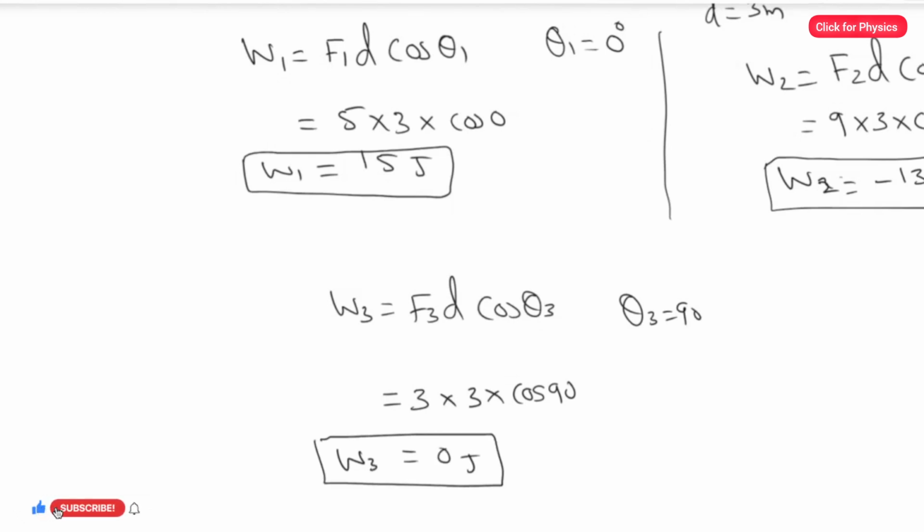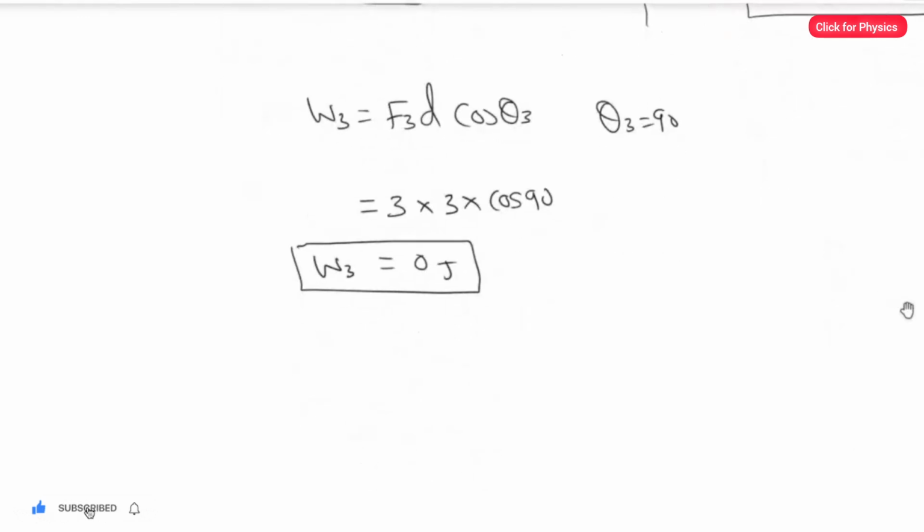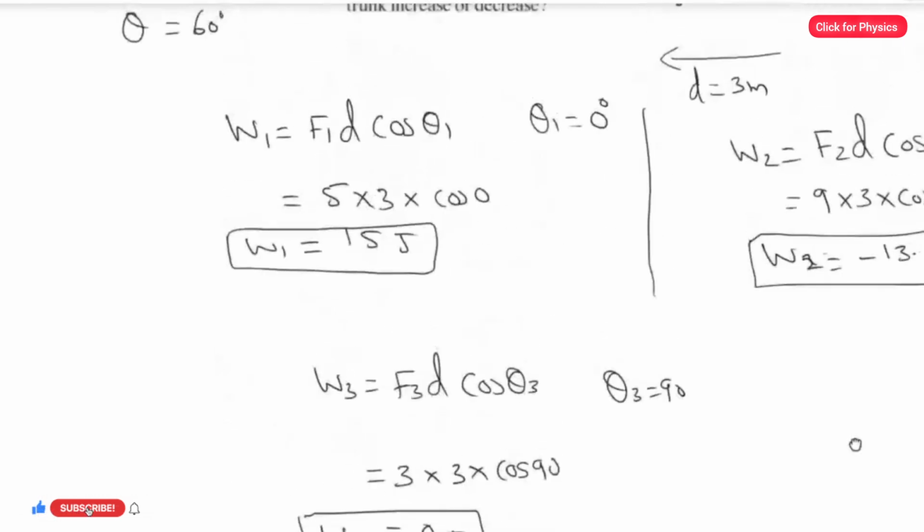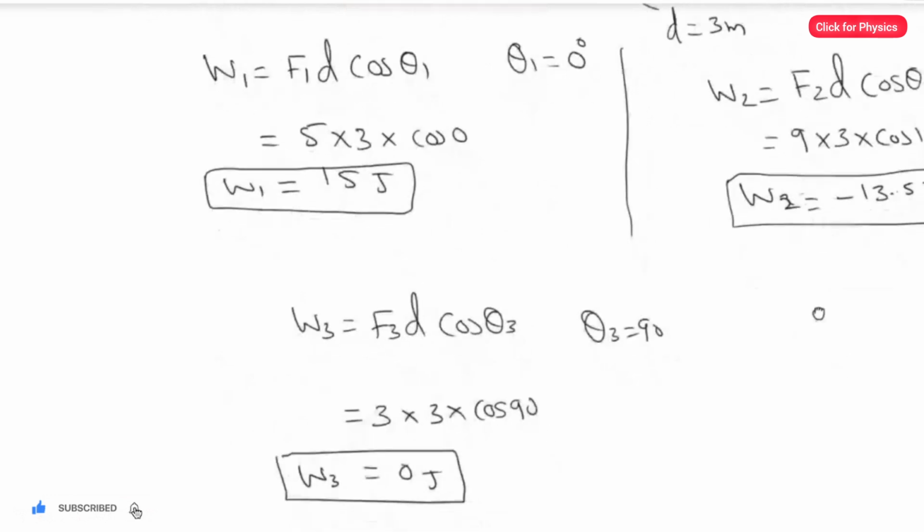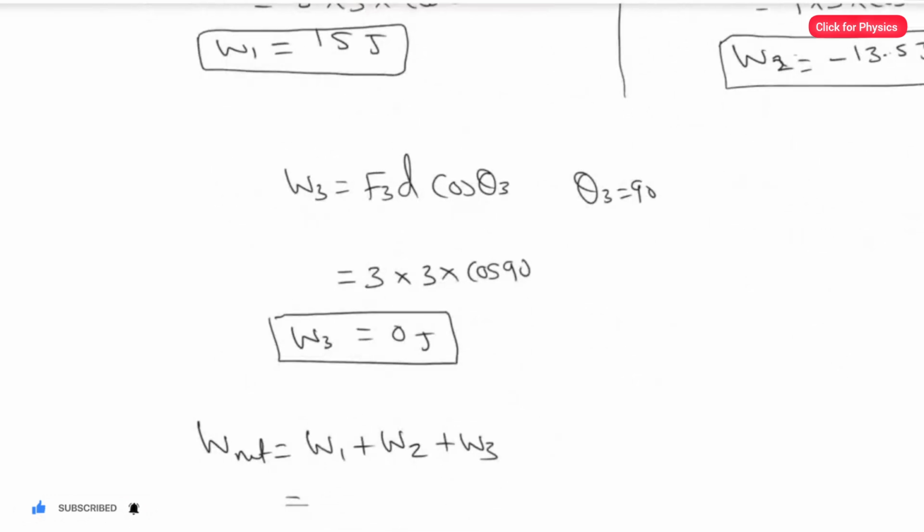Once we find W1, W2 and W3, we have to find the net work done. That is the answer for the first question. So net work done is equal to W1 plus W2 plus W3. What is the answer for W1? 15 joules, plus the answer for W2, which is minus 13.5 joules, and then W3 is 0.